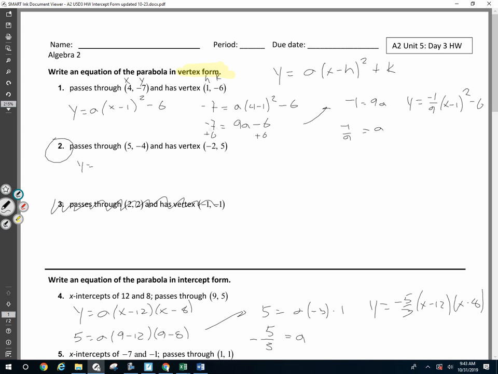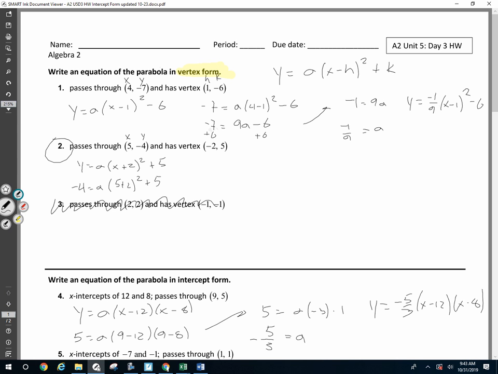So y equals a x minus, okay, that's a negative 2. So it's x minus negative 2, which is the same as x plus 2, right? I'm going to shift to the left to negative 2, so I need a plus 2 in here. Plus 5. Find a, plug in 5 for x, and negative 4 for y.